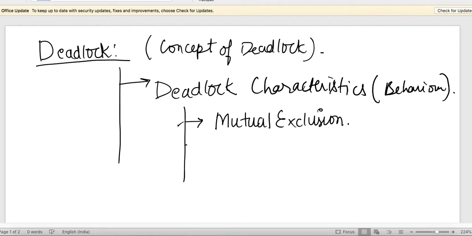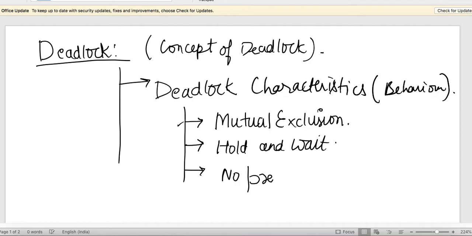I'll be dealing with each of these characteristics one by one, so don't worry about it. It will be clear. Next is hold and wait. Okay. Then next we have no preemption. And the last characteristic we have is circular wait.